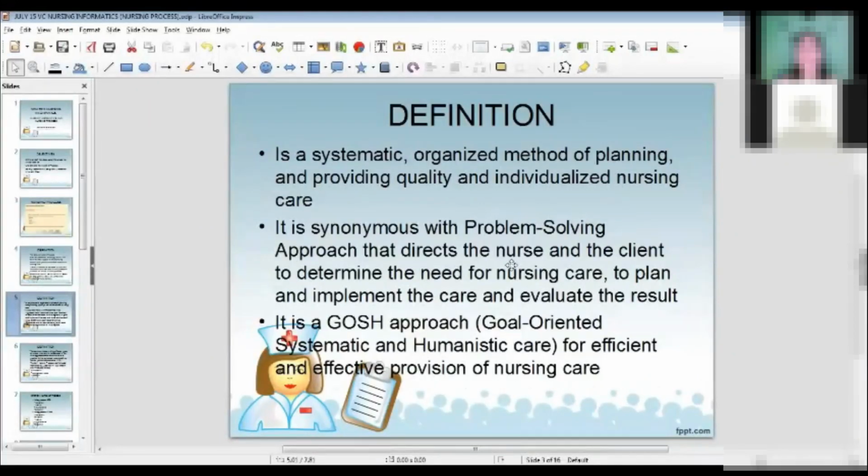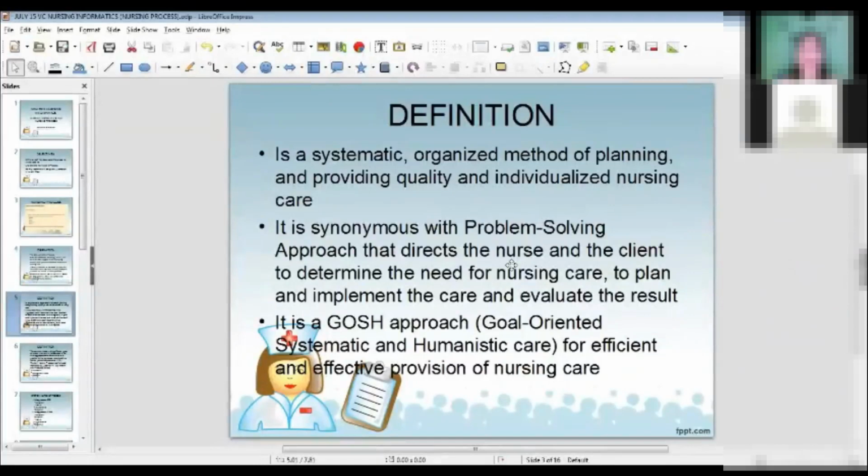If, after rendering your intervention, you find out that your intervention is not helping your client, then upon making your evaluation, you can reassess your plan of care and reformulate another plan of care that will be effective and applicable for your patient.